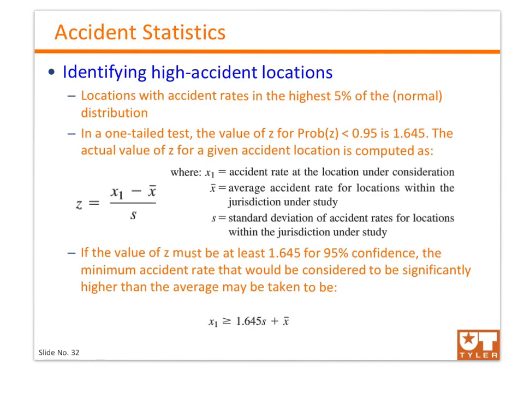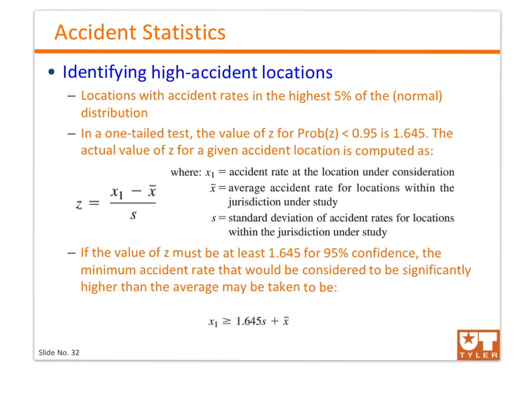So if the value of z must be at least 1.645 for 95% confidence, the minimum accident rate that would be considered significantly higher than the average may be taken to be x1, what we experience at that location.